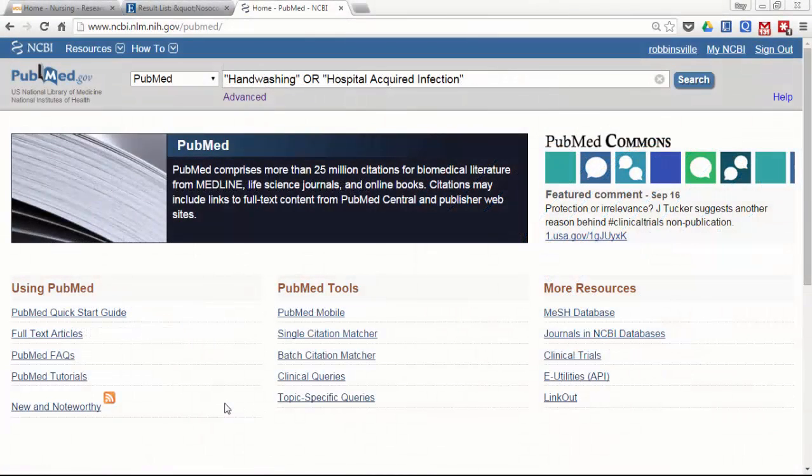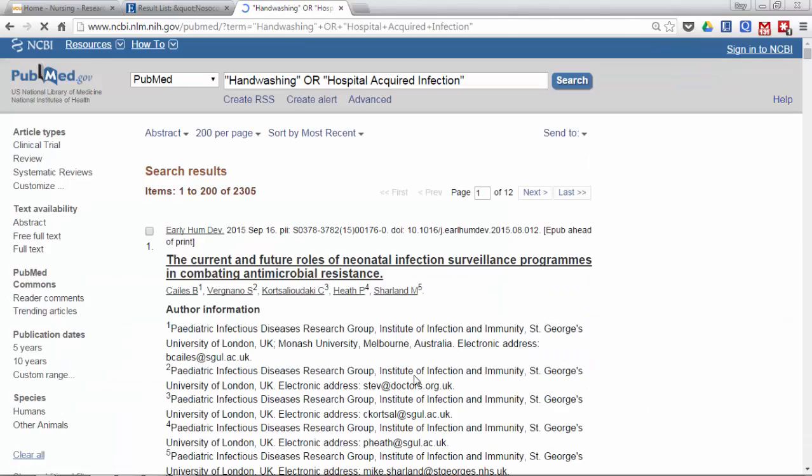To show you why it's a bad idea to use or to make a direct relationship, if I do hand washing or hospital-acquired infection, I'm going to get a lot of articles, but the articles will have hand washing or hospital-acquired infection in them, and that won't necessarily be in relationship to one another.